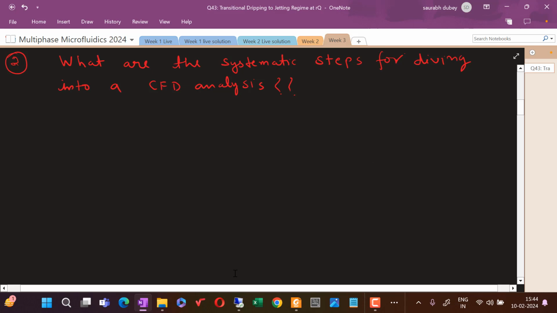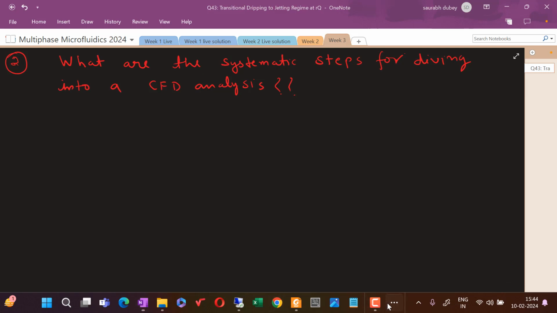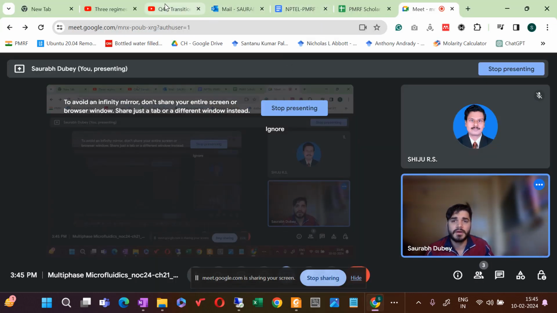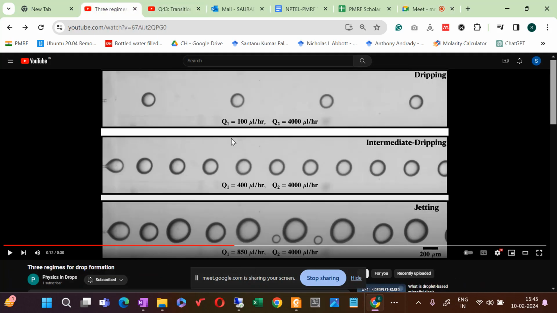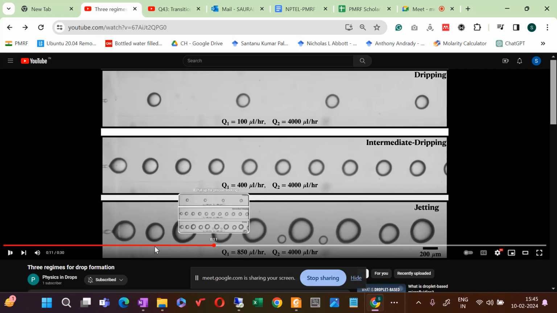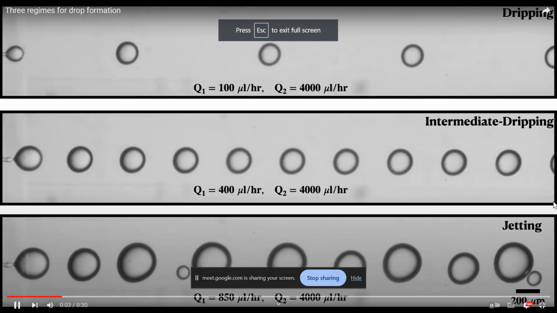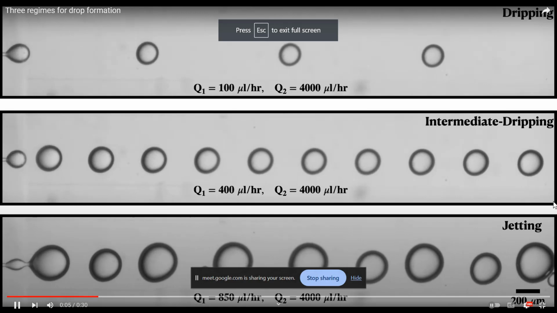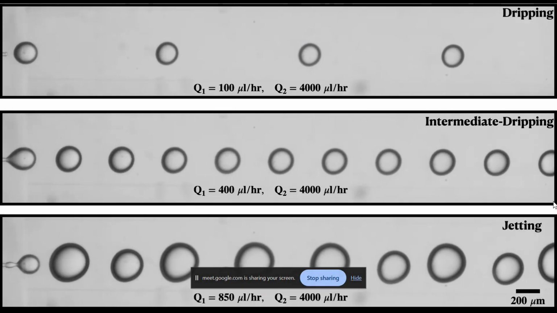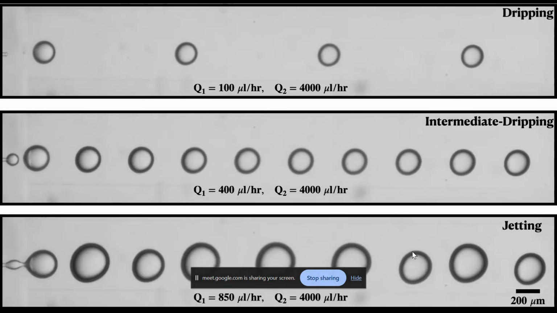For example, if I tell you, and if you see this here, suppose this phenomenon that we were talking about is this one. You will see there are three regimes happening: dripping, intermediate dripping, and jetting.